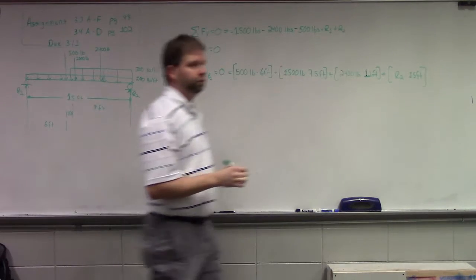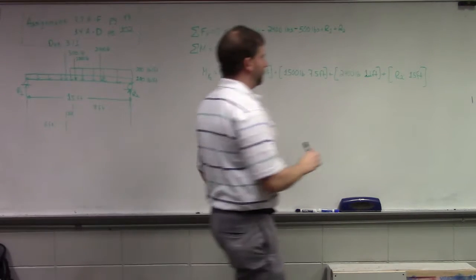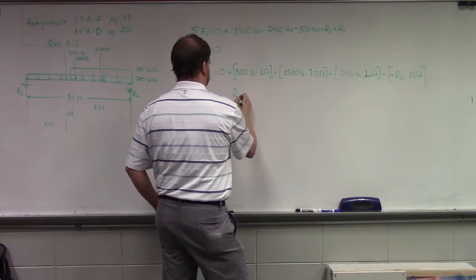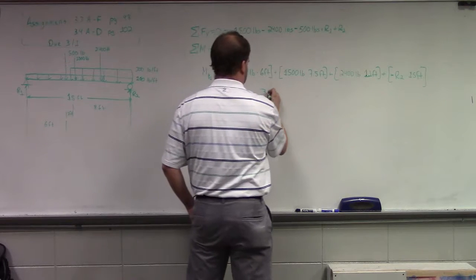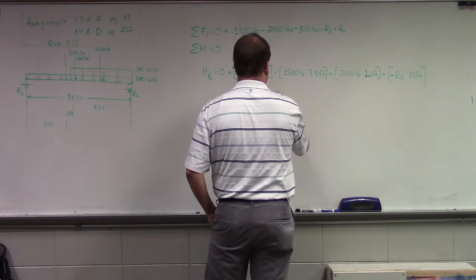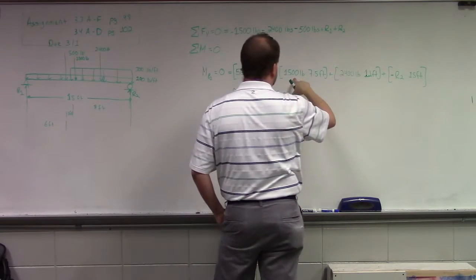What about R2? Is R2 trying to rotate about R1 in this direction or in this direction? It's counterclockwise, so it's going to have a negative value. That's fine. 10.5, right?